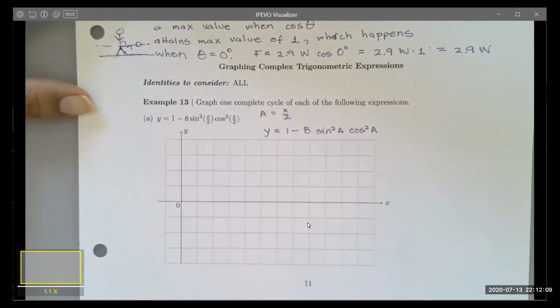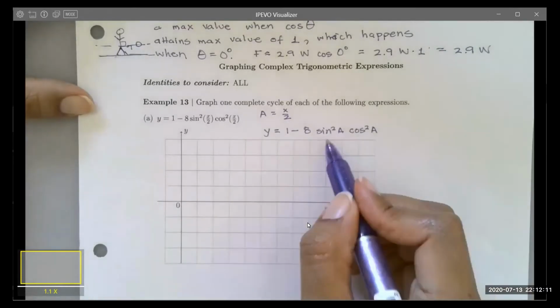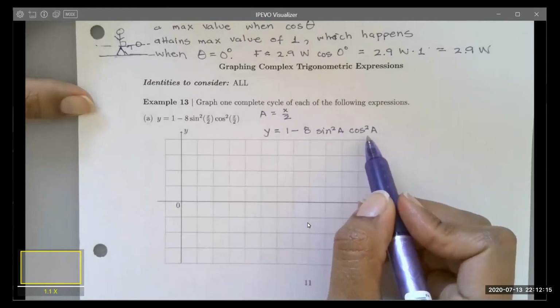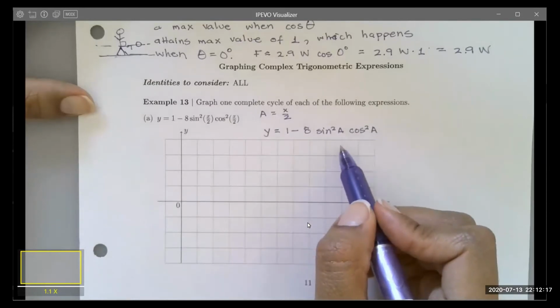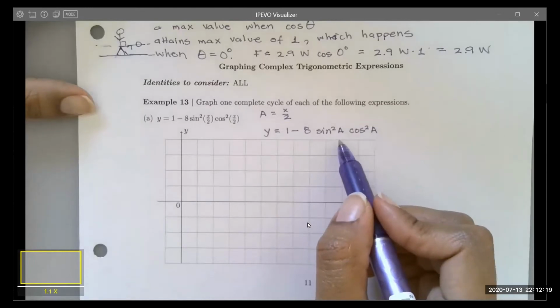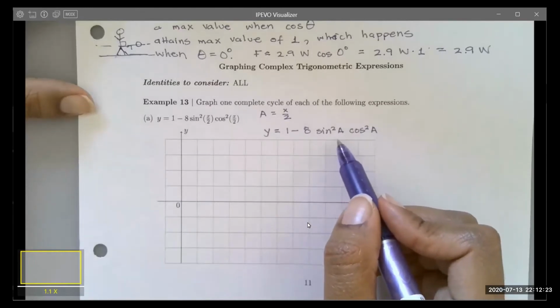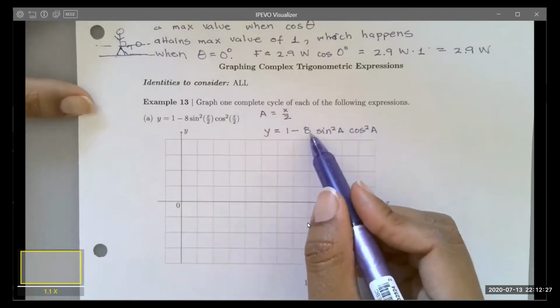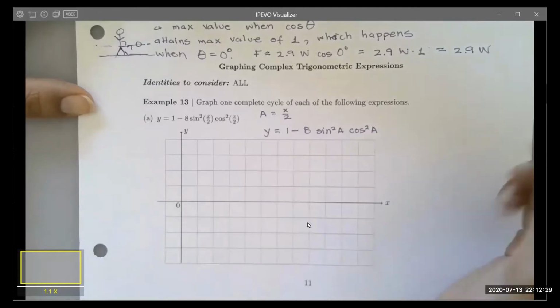All right, the next part is to notice that both the sine is receiving the square and the cosine is receiving the square. So it might be a good idea to try and write this as a single base raised to the power of 2. In fact, we can go a little further and also notice that this is a 2 times a 4.